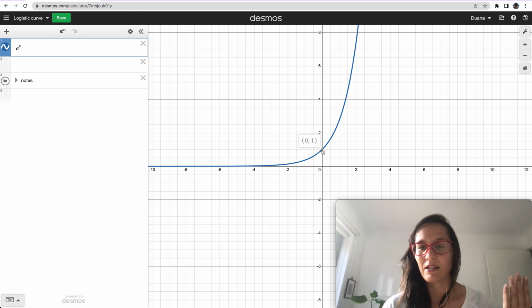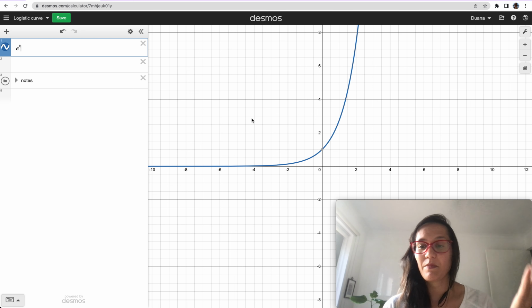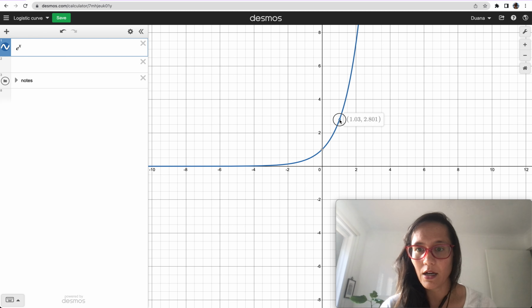So this is 0, 1, y is 1. And when x is 1, e to the first power is just e. So we expect here when x is 1, y is e. There we go, which is 2.718 approximately.